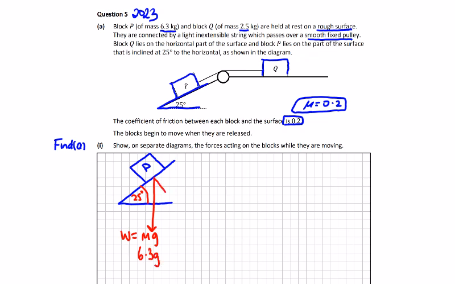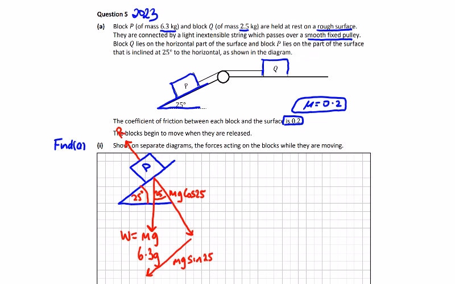In this direction, we also have a 25-degree angle. So here we have mg cos 25 adjacent, and in this direction mg sin 25. And we have the normal reaction.